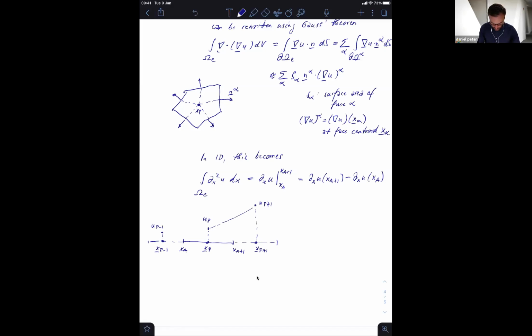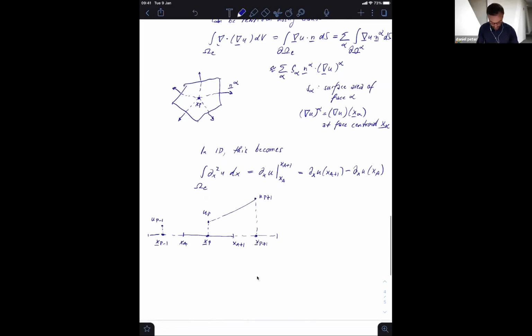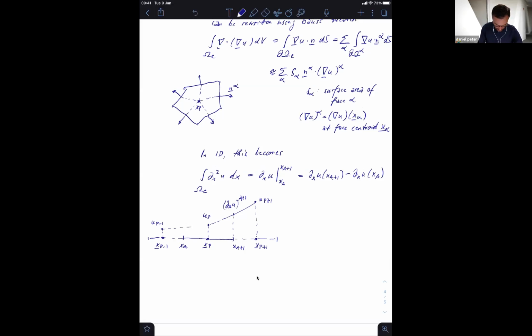So we interpolate the value here to find what the gradient of u would be at position xa plus 1, and the same on the left hand side.